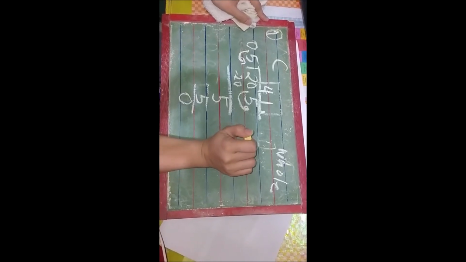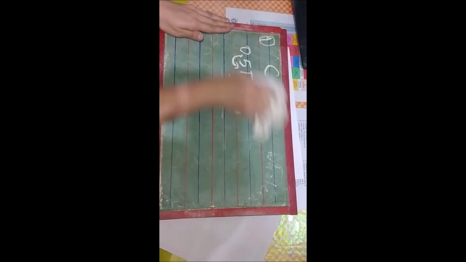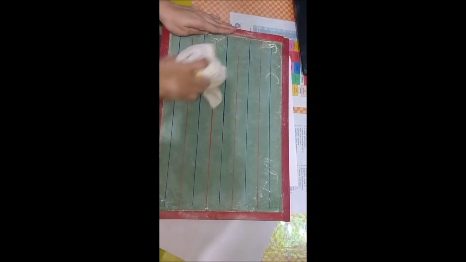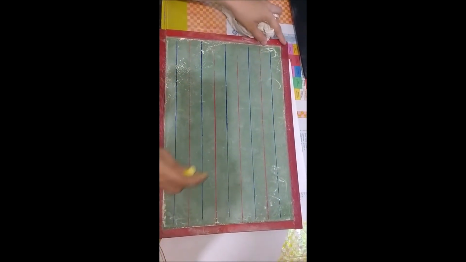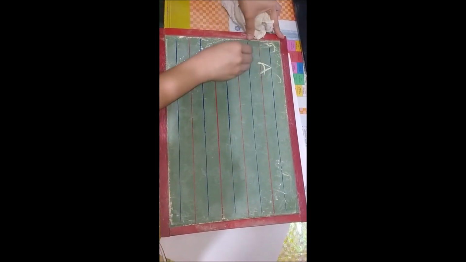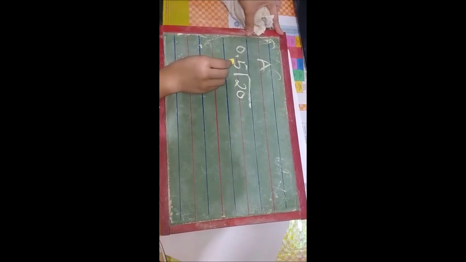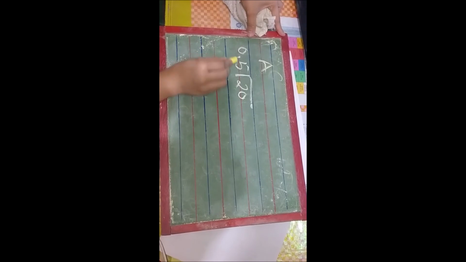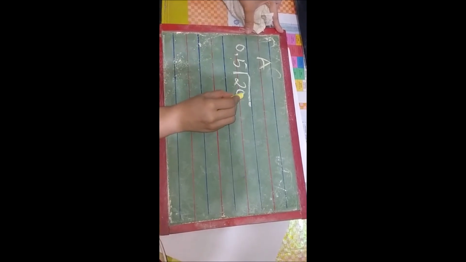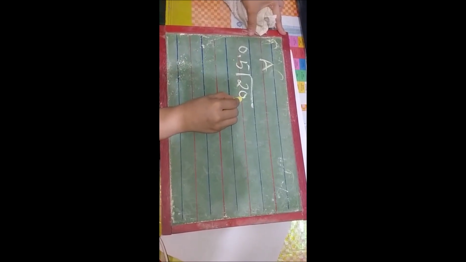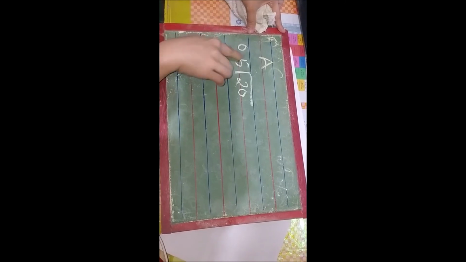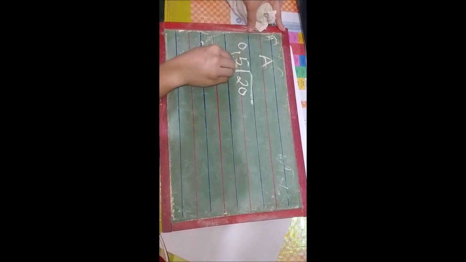So that's it for now. Always remember, among the three kinds of division of decimal numbers, letter A, our earlier example, the divisor is a decimal number and the dividend is a whole number. Always remember, the first thing to look at is the divisor; it must become a whole number.